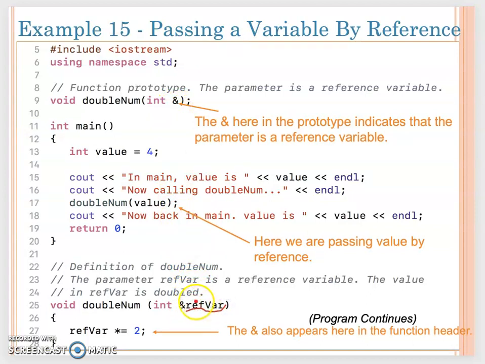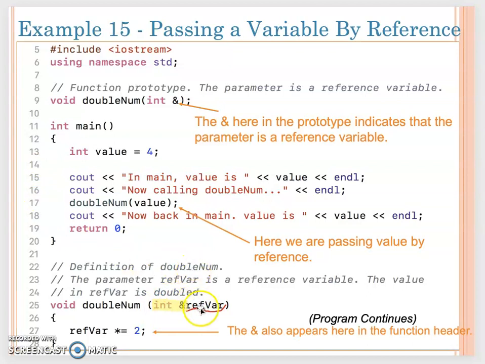Then your variable name is called refVariable. Let me show you, and let me change the color. The red line means the variable name. If I highlight here, you see the int with the ampersand is the data type, so the data type for this refVariable is int reference.